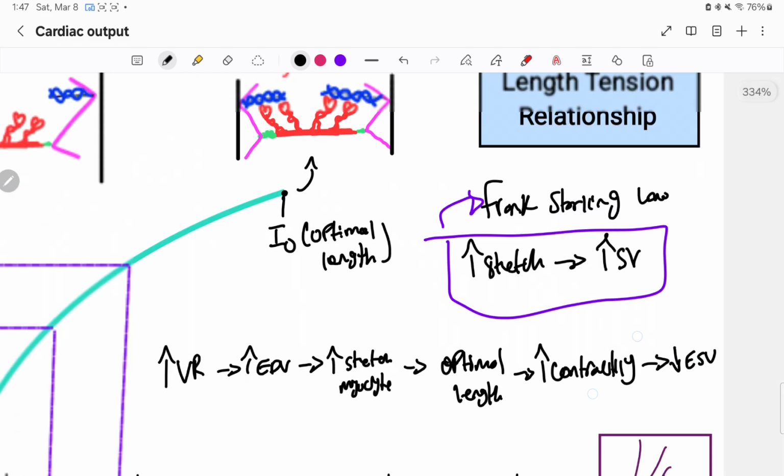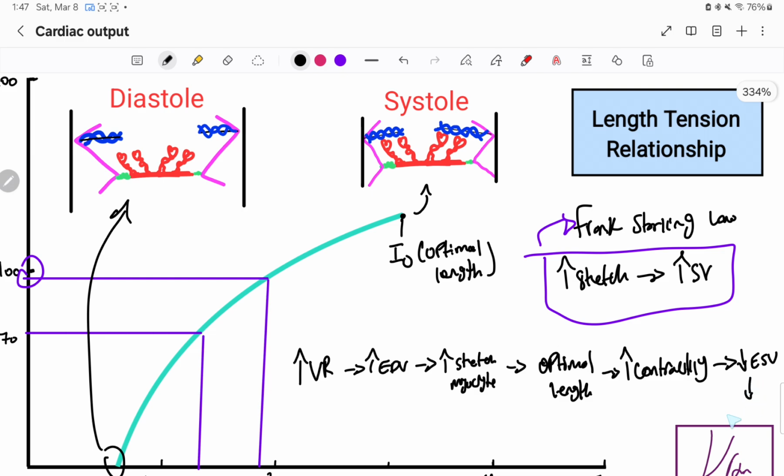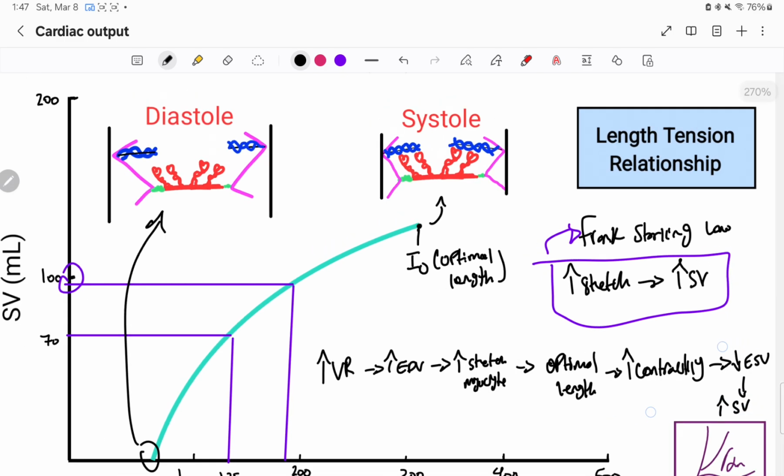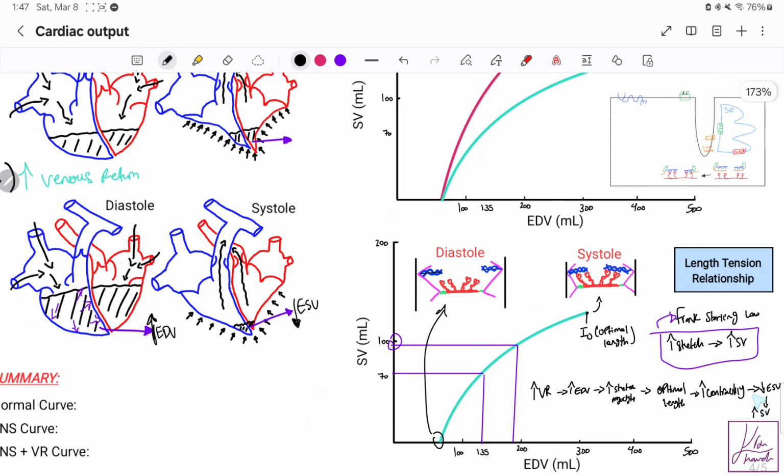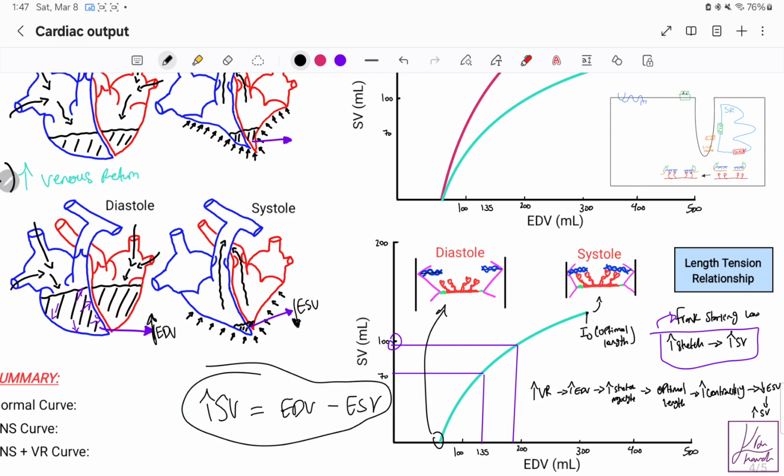And look, we end up finally increasing the stroke volume, okay? Just a side note, anything that wants to increase or modulate the stroke volume has to end up acting by modulating the end diastolic volume and the end systolic volume. And that is due to the nature of the equation here, okay? Anything that has to modulate this has to modulate these two, or one of these two at least, okay?